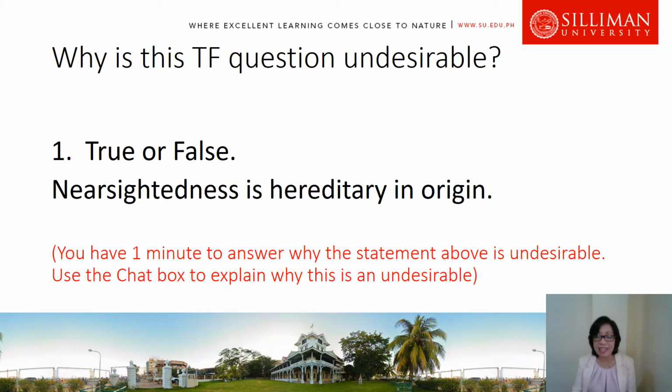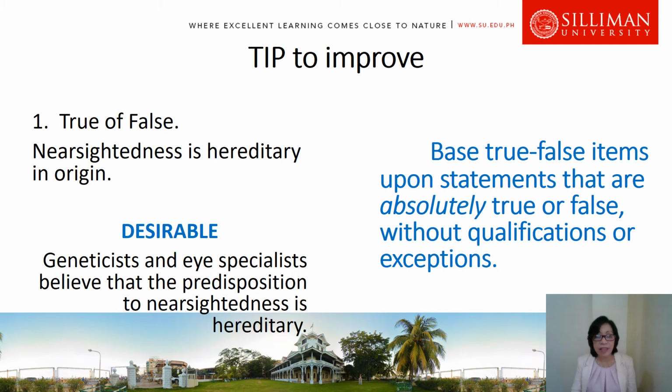Okay, that's it. And let's see. Okay, thank you for your explanations. And in this slide, we're offering a tip to improve that statement. So a more desirable one would be geneticists and eye specialists believe that the predisposition to nearsightedness is hereditary.